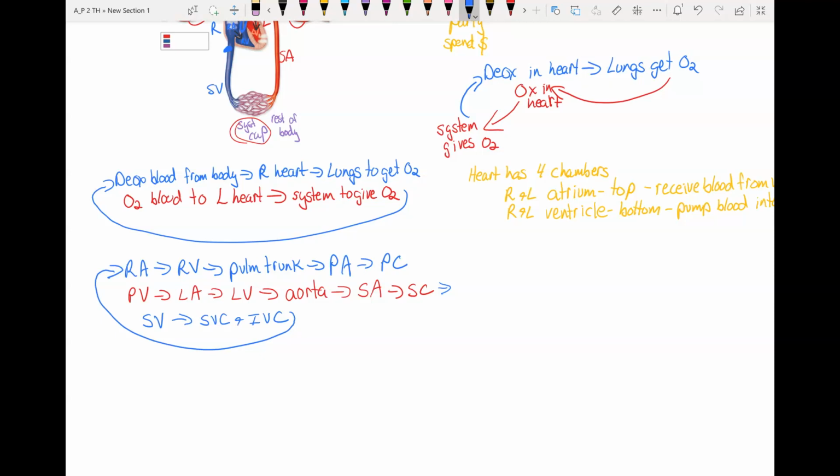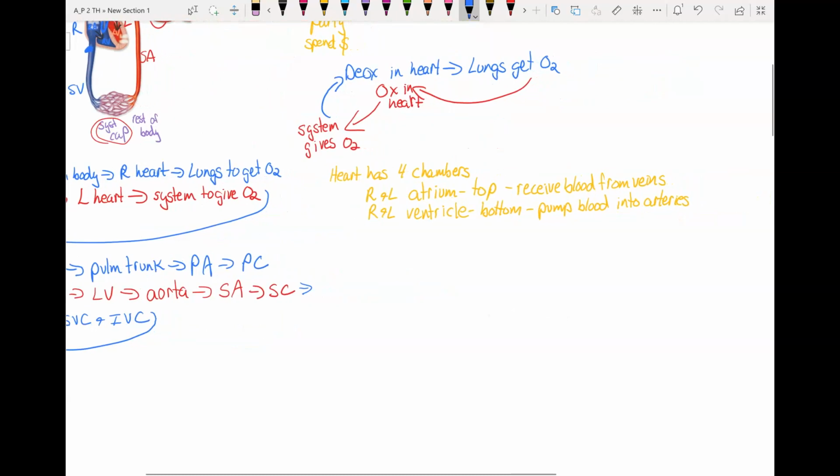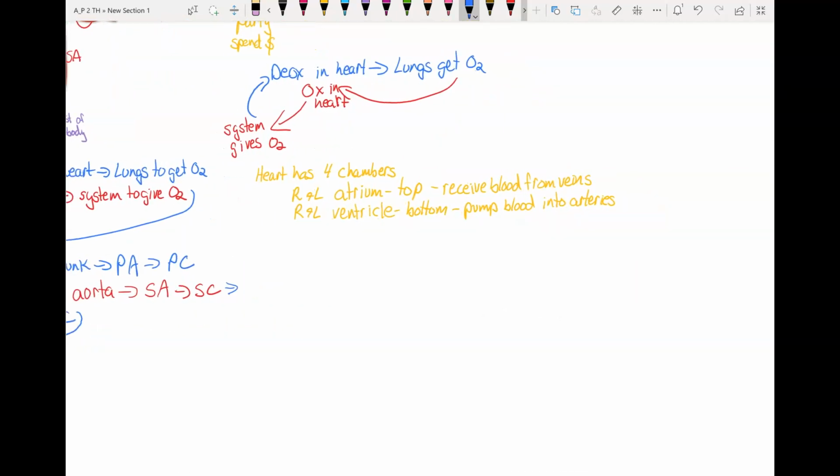We can divide this path into 2 circuits. You have a pulmonary circuit and a systemic circuit. The pulmonary circuit is the right side of the heart to the lungs.